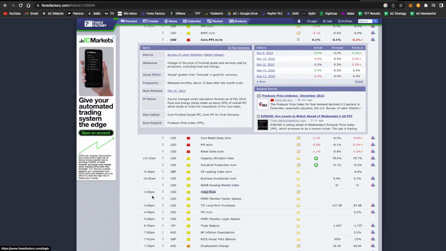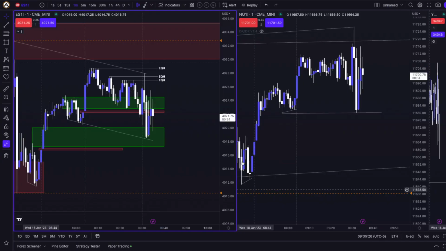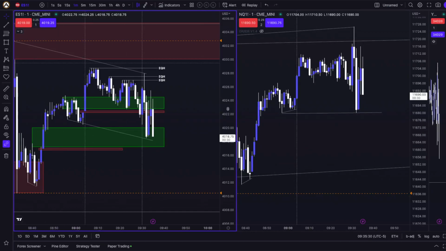Beige Book at 2 p.m. New York local time, and then a few FOMC members speaking later during the PM session. But only yellow folders. We already made it past the red folder news. So let's go over here and see how that's going to play out.